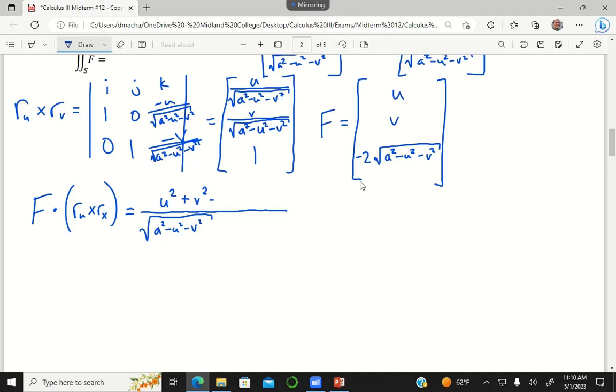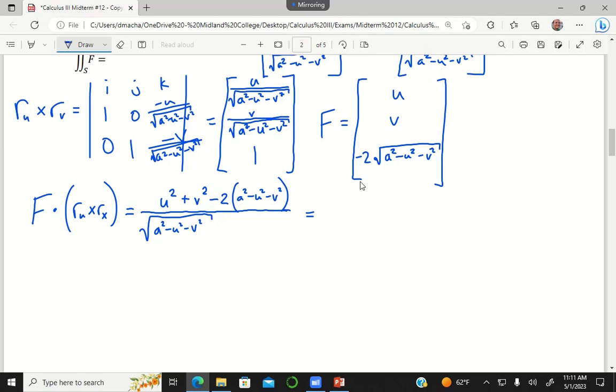And so it's going to be minus 2 times a squared minus u squared minus v squared, without the square root, because I'm dividing by the square root of all that stuff. Okay, so we could collect like terms.